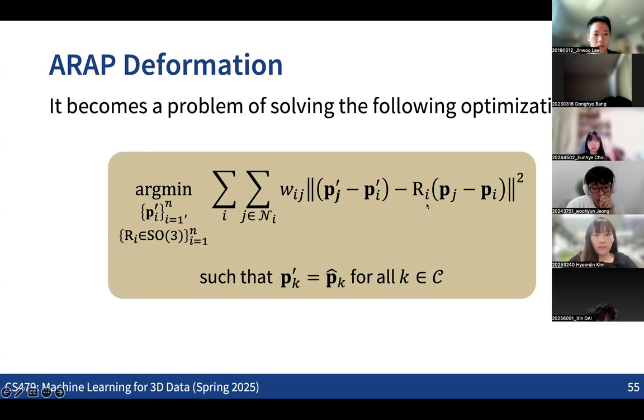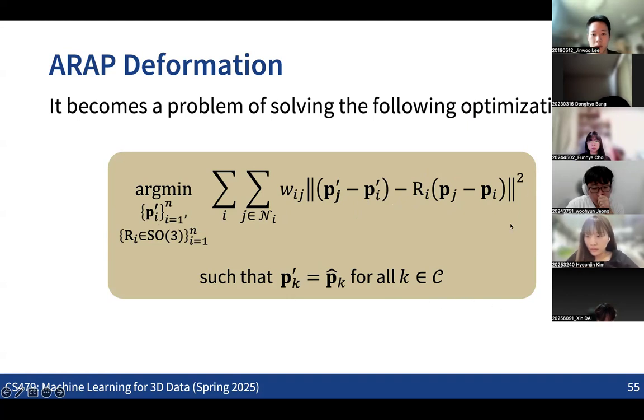We want to minimize the stretching, where all the local deformation is represented as a single rotation, while also choosing the positions of the vertices, while satisfying the given conditions.